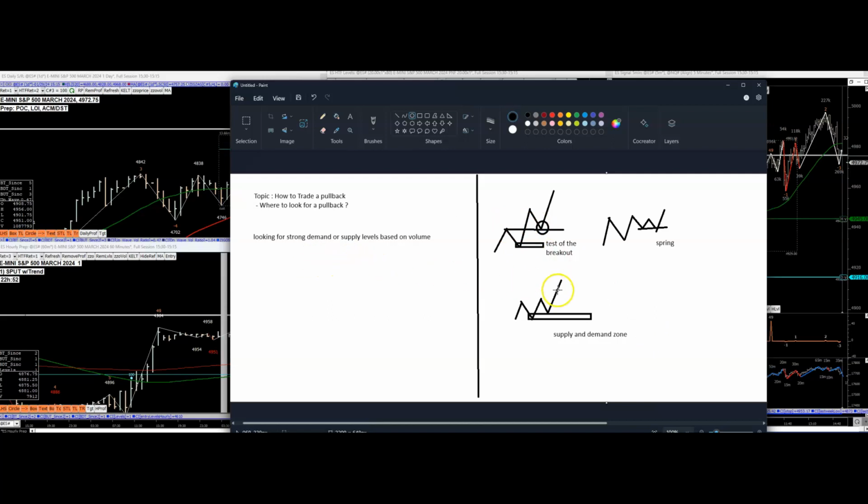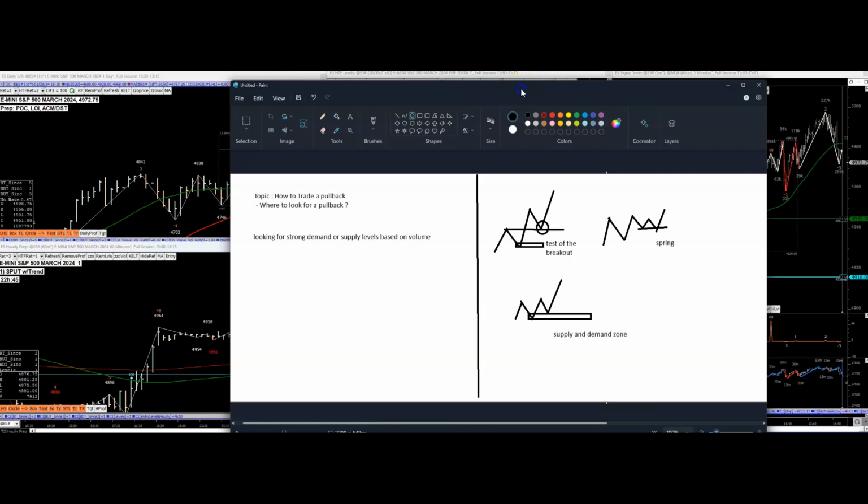All right? And then for other folks who are looking for the test of the breakout, this is going to help you too, because you'll wait for this level. Or if you break even, you'll know the next level to look at based on clear evidence. Clear evidence, that is data in front of you showing you where to look for a trade.